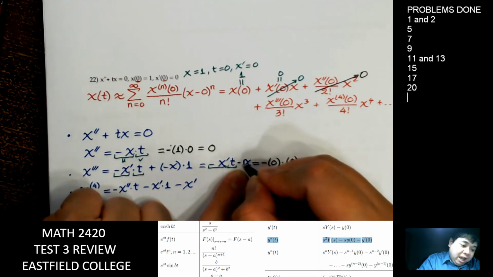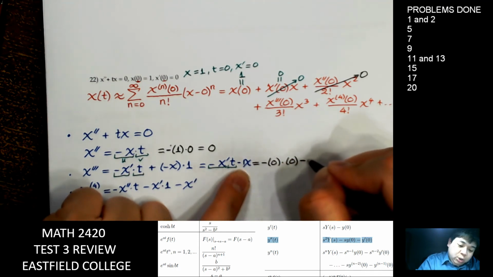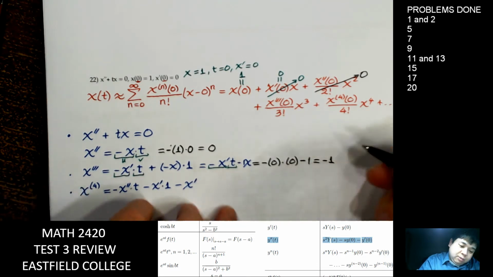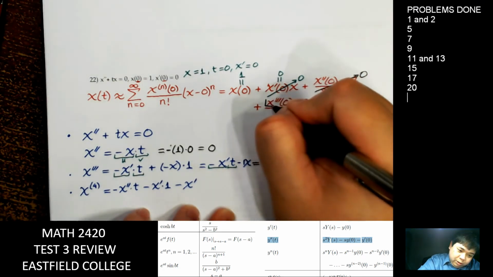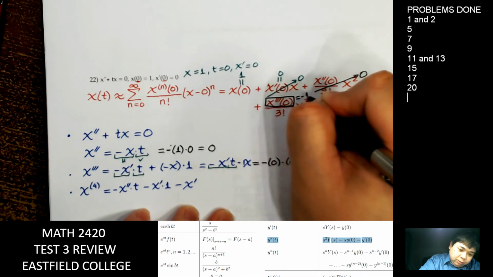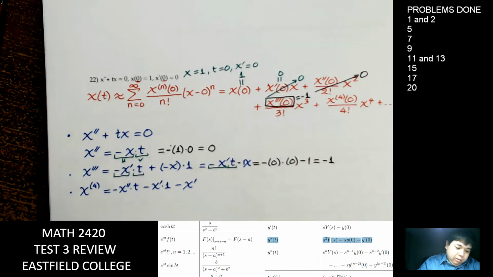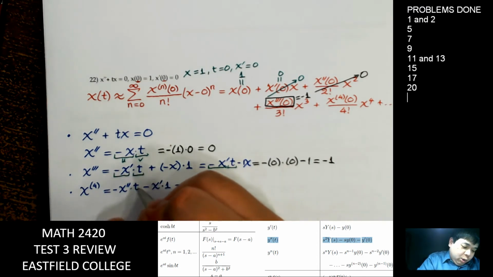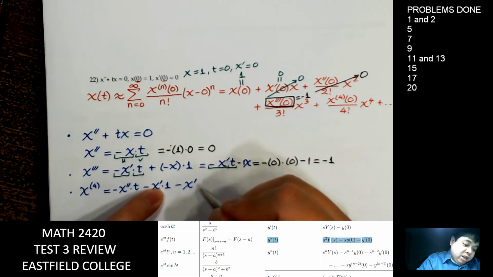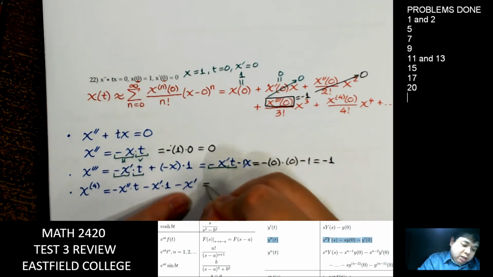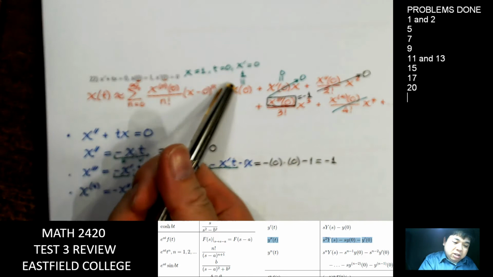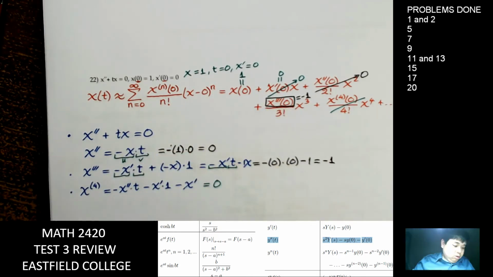But we have minus x, which is 1, so it's good. So it's minus 1. Next up, t will be equal to 0, x prime is 0, so pretty much this is 0. Doesn't help. So we have that term is 1, this is negative 1. Looks like we have to keep going.